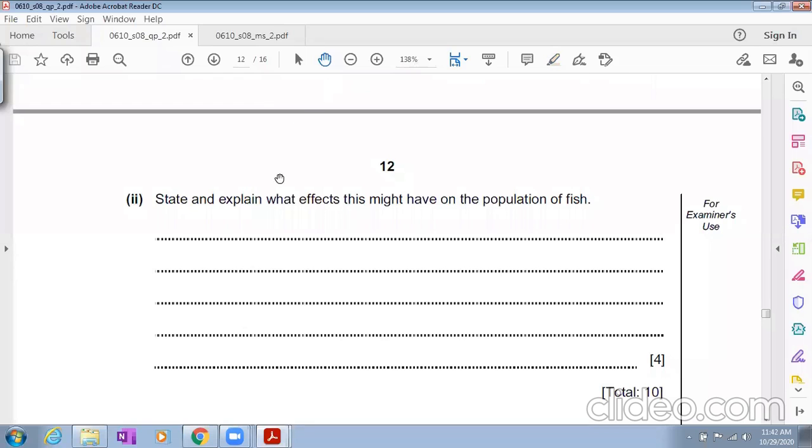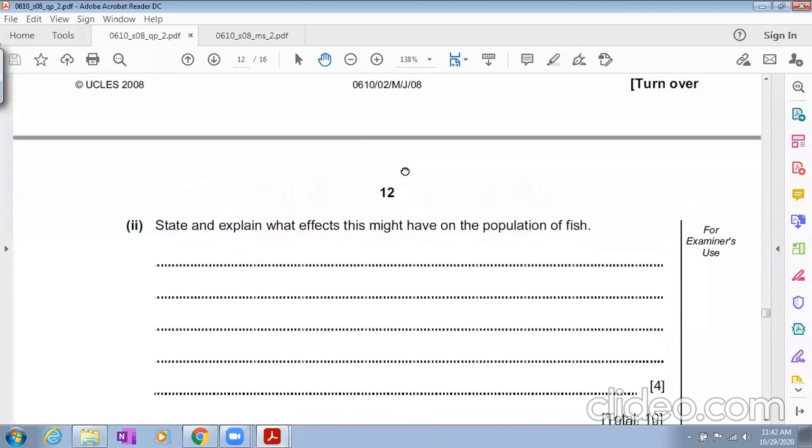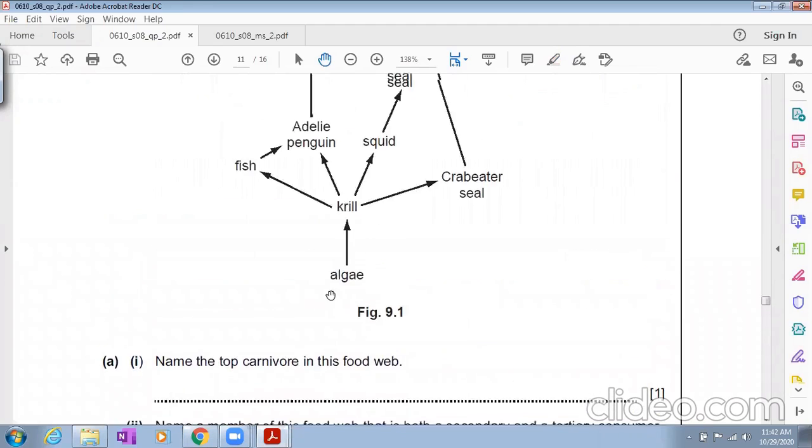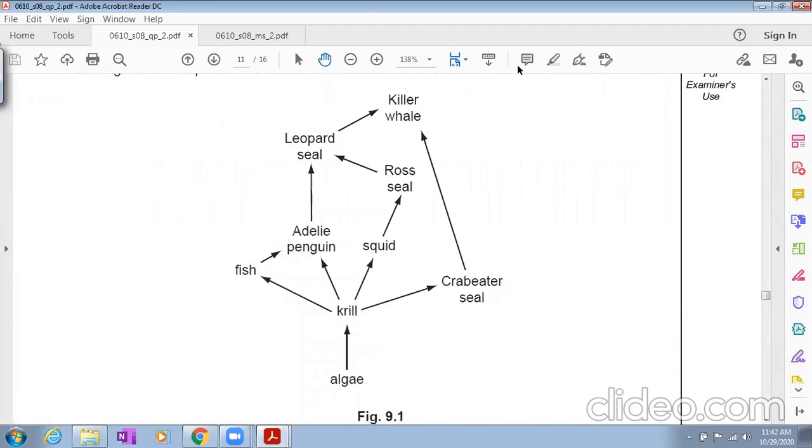Another question we have: state and explain what effect this might have on the population of fish. Let's move back toward here. You can study the question from different angles. For example, the leopard seal is now eating penguin, so penguin numbers will start to decrease.